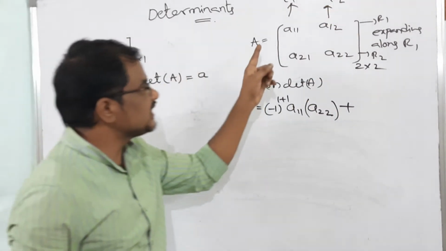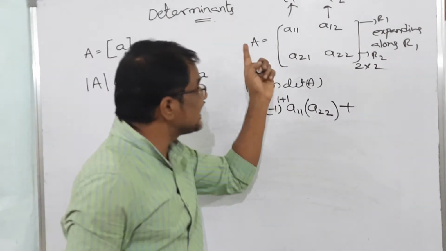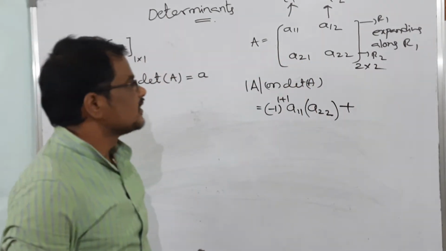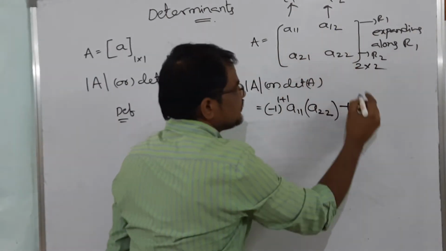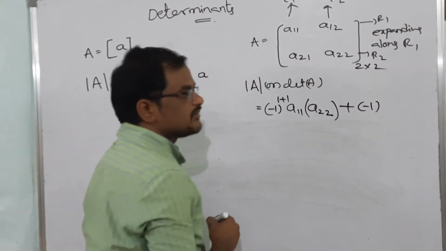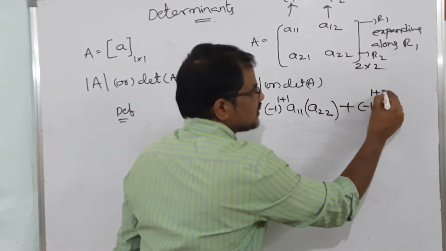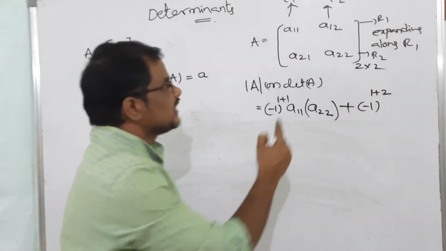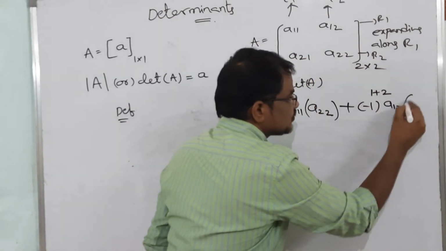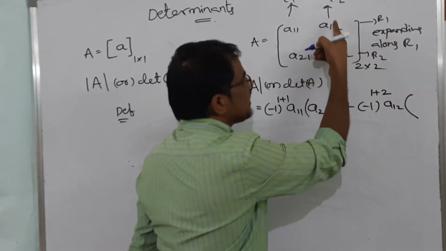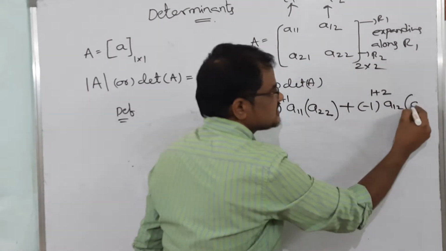If you expand along the first row, the position of this element is 1 2, so -1 to the power of 1 plus 2, multiplied with this element after eliminating this row and this column, and the remaining element is A21.